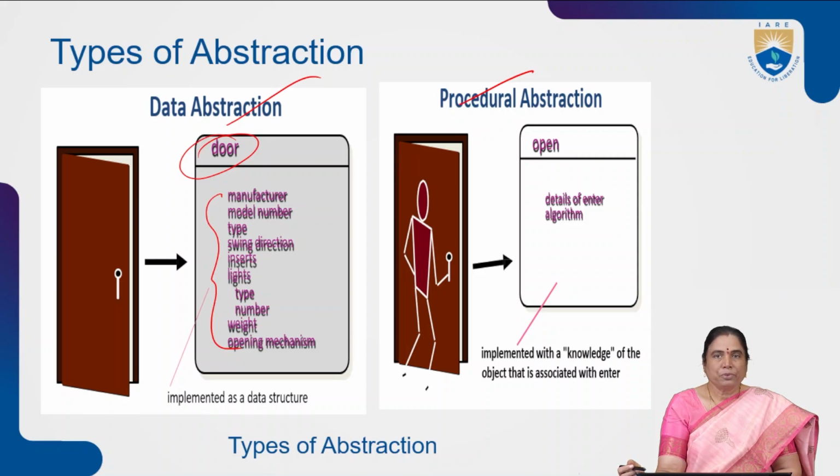But in case of procedural abstraction, how the functionality is implemented using this data, or the knowledge that is provided, is considered procedural abstraction. So here for the door, the functionality is open. So how to perform this functionality is clearly stated in case of procedural abstraction.